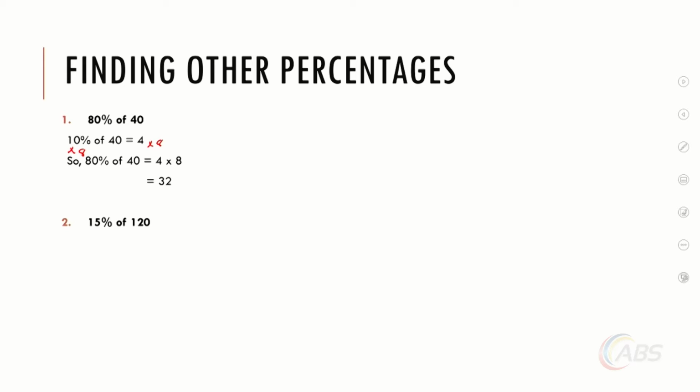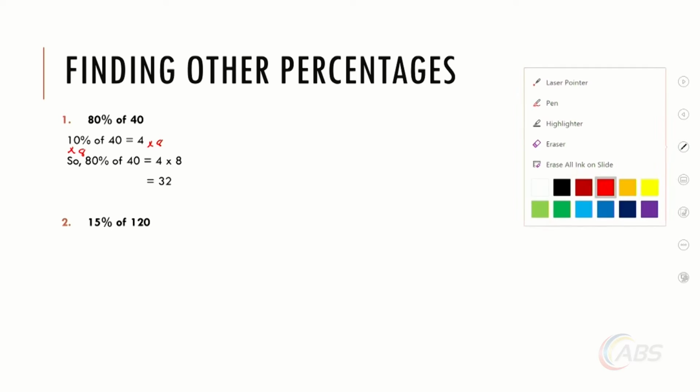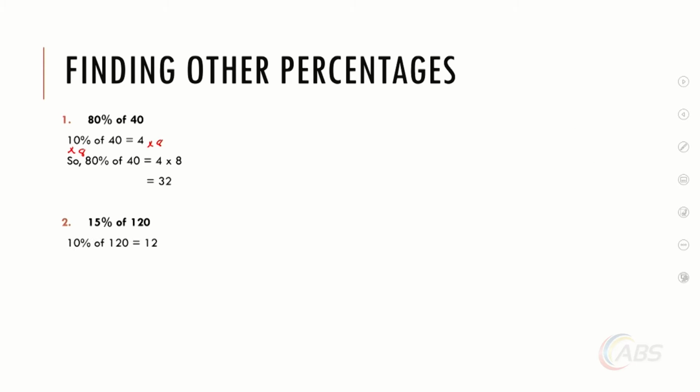15% of 120. So again, like we did with the previous example, we're just going to find 10% first. And we know that for 10%, we move our point one place to the left, and that's going to give us 12. So 10% of 120 is equal to 12.